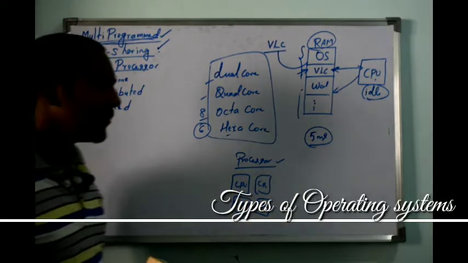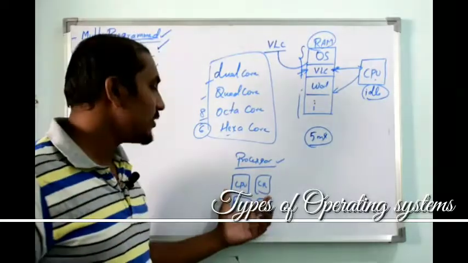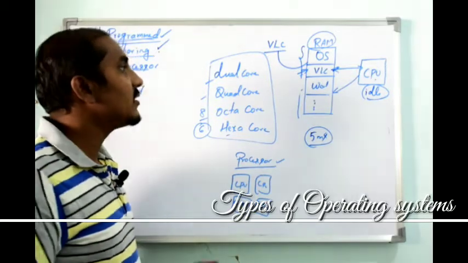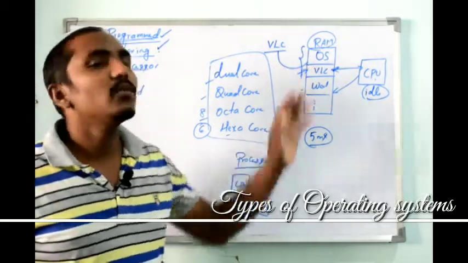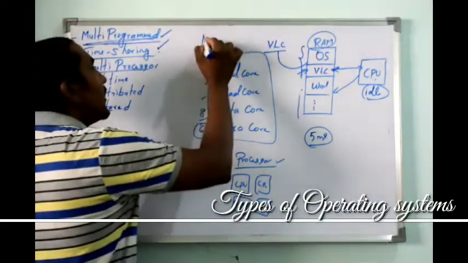A multiprocessor operating system is an operating system where we have more than one CPU in a given processor, which will be able to execute more than one task at a time, which we consider as multitasking.